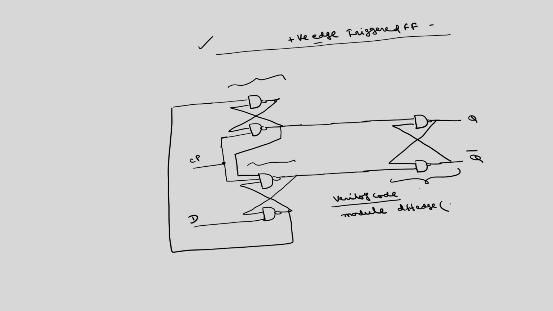We have input is D, Cp, this clock signal, then Q complement, Qb, and then input D comma Cp, output Q comma Qb.